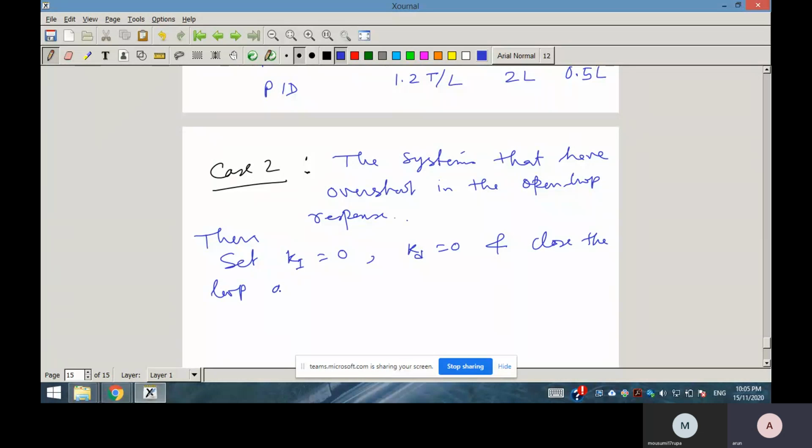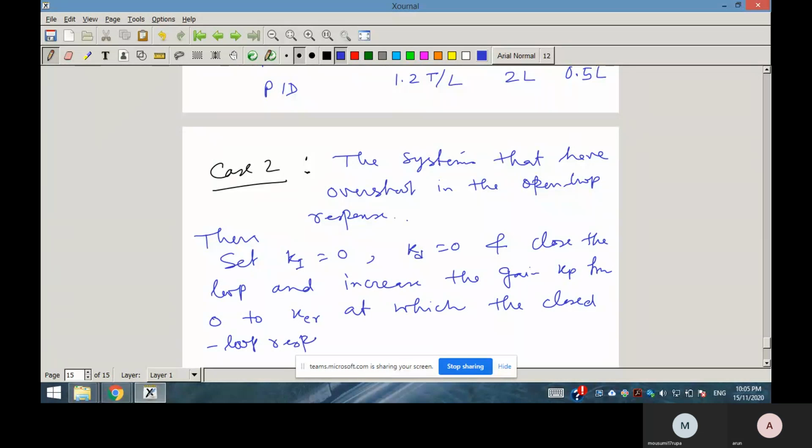Close the loop and increase the gain Kp from 0 to KCR, at which the closed loop response just starts oscillating.